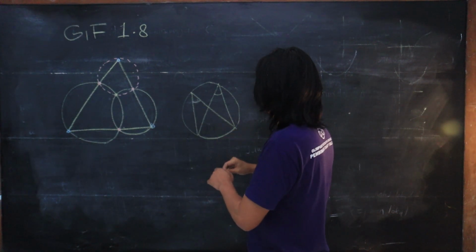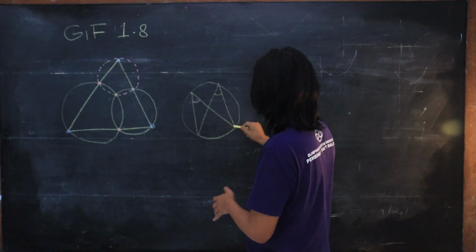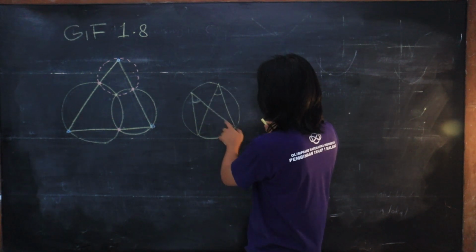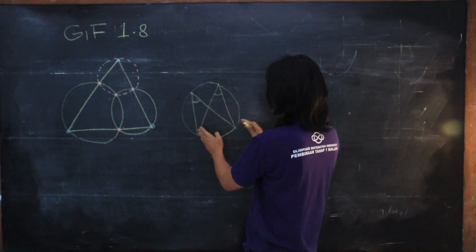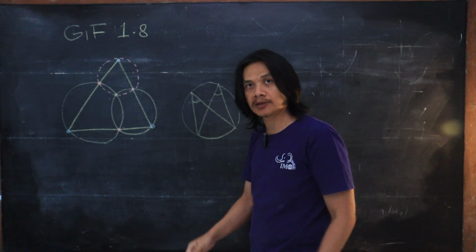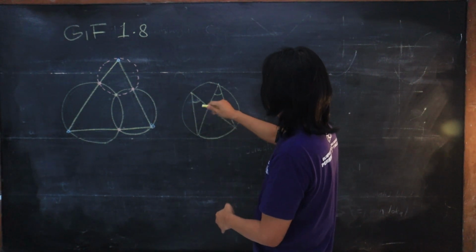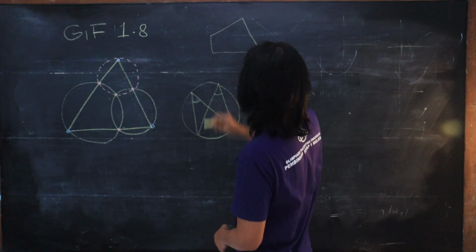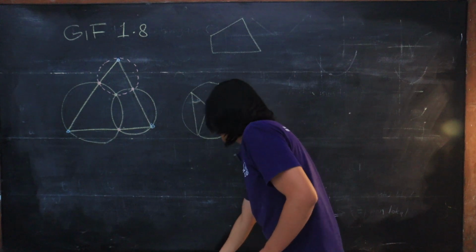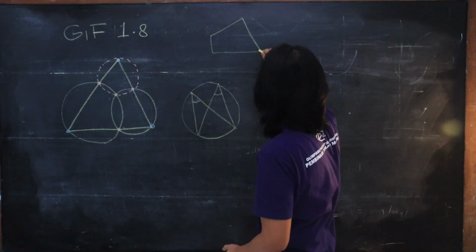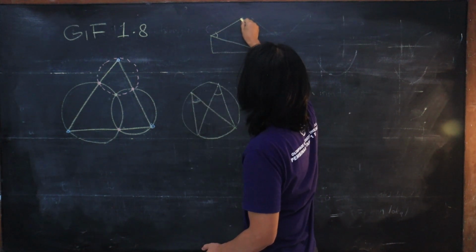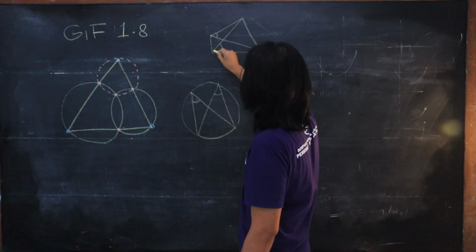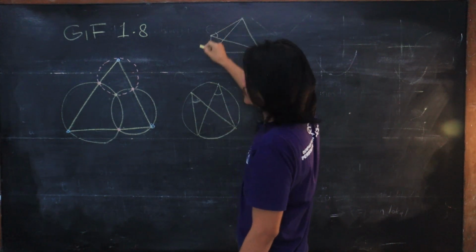If we have a quadrilateral such that the diagonals and the 2 sides of the quadrilateral form the same angle, let's say something like this, for example, and it turns out that this angle equals that angle, then we know this quadrilateral is concyclic.